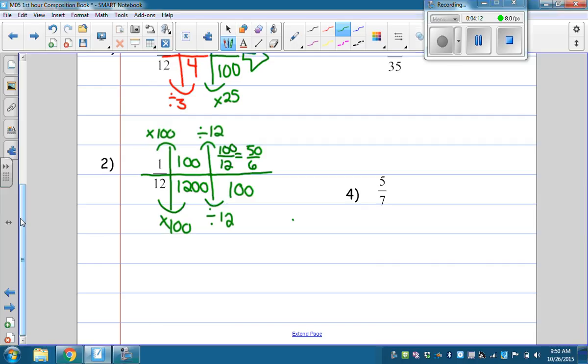Okay, she did straight long division. So she put the 100 and the 12 here. Jordan, that's not going to be a problem at all. It works. I bet you got the same answer that I could get.